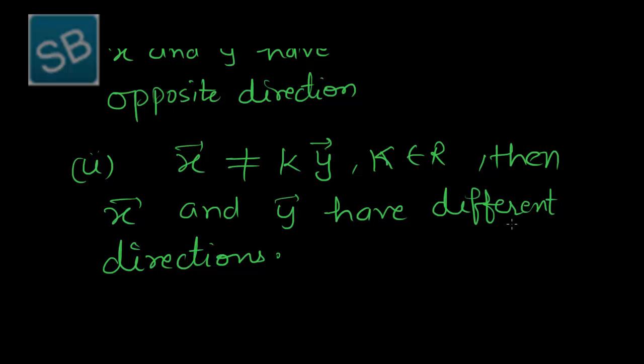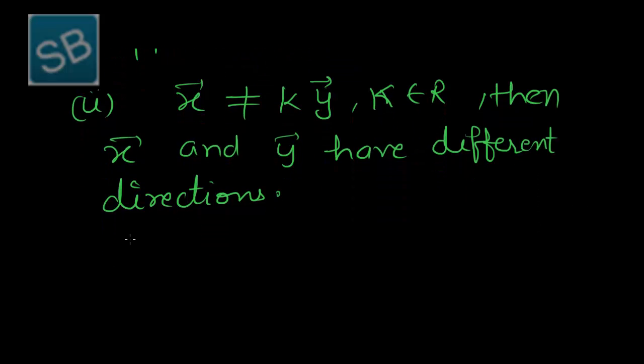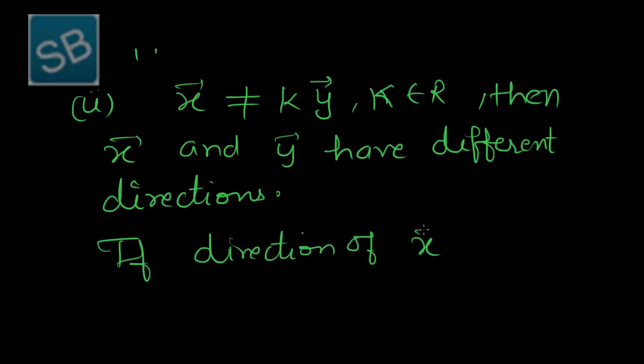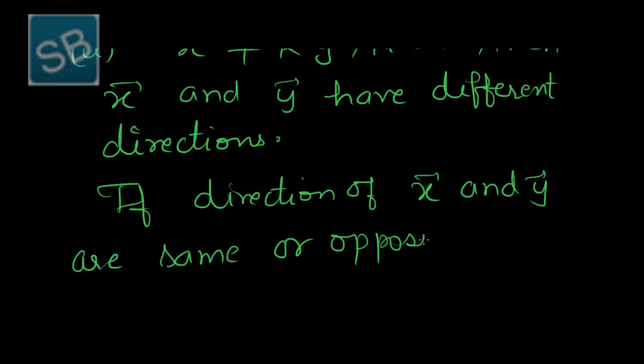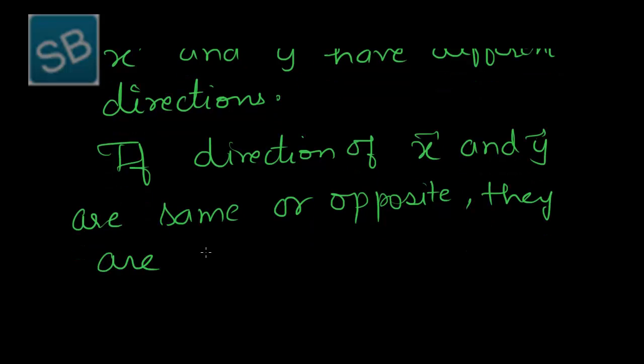If direction of vector x and y are same or opposite, then they are called collinear vectors.